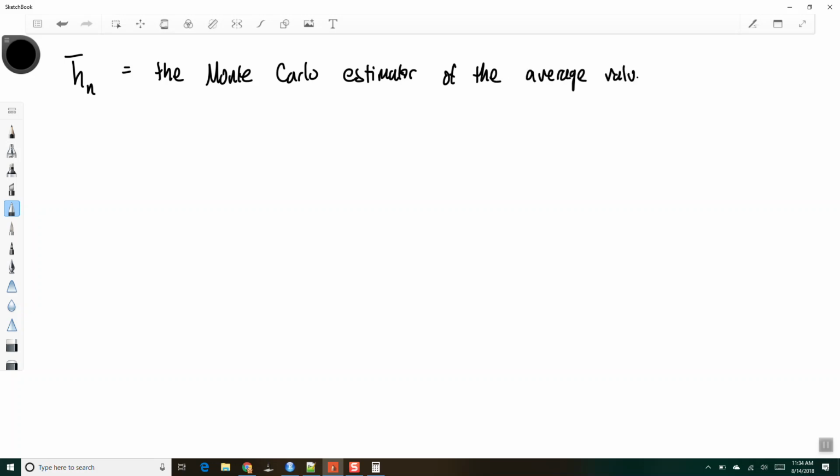So h bar sub n, this is the Monte Carlo estimator of the average value of the function h of x over some interval, okay?